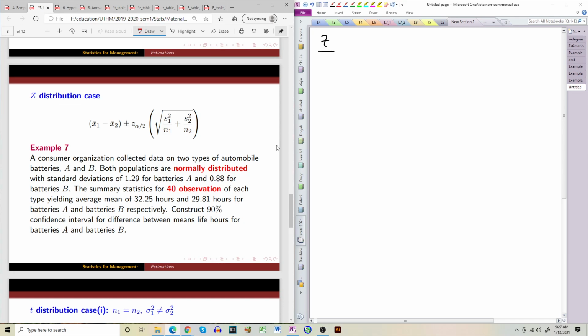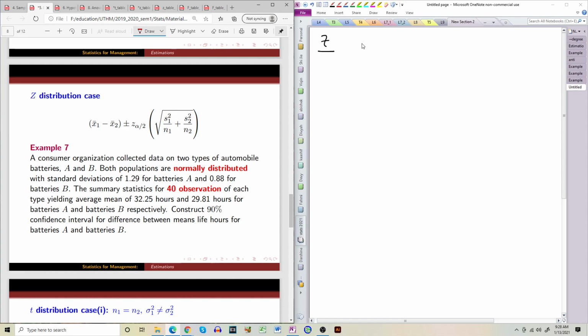Both populations are normally distributed with standard deviation 1.29 and 0.88 for batteries B. The average means are given there. Construct a 90% confidence interval for the difference between mean life hours.